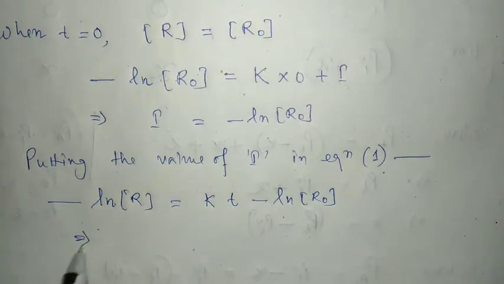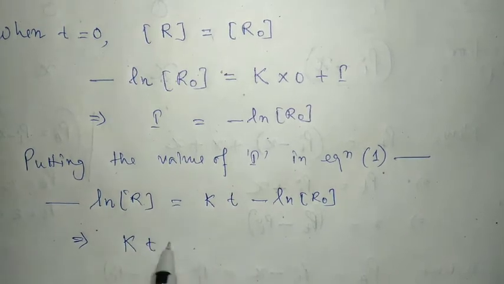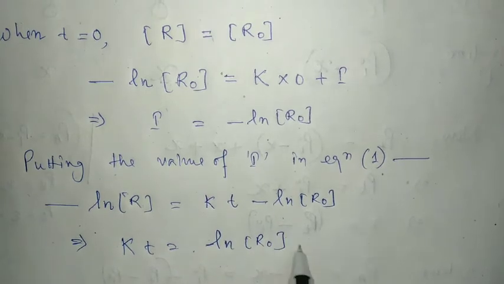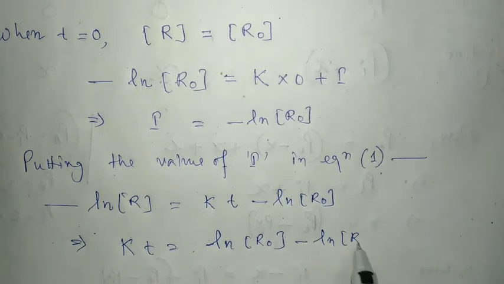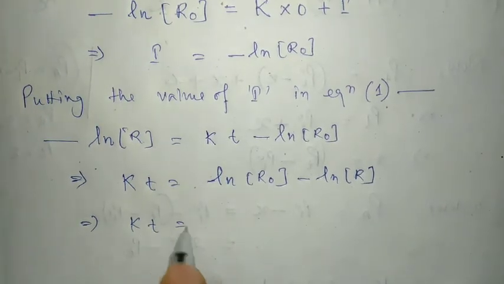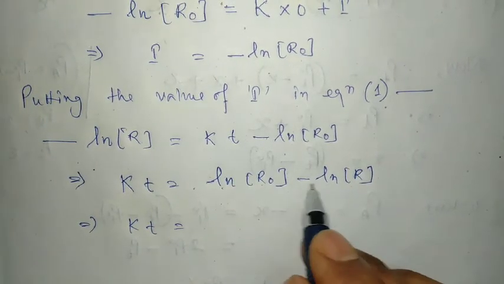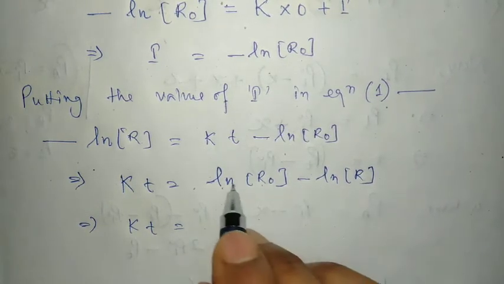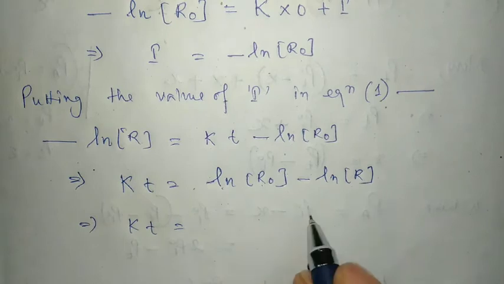Now we can write kt equal to ln R0 minus ln R. This is similar to log A minus log B, and log A minus log B equal to log A by B.